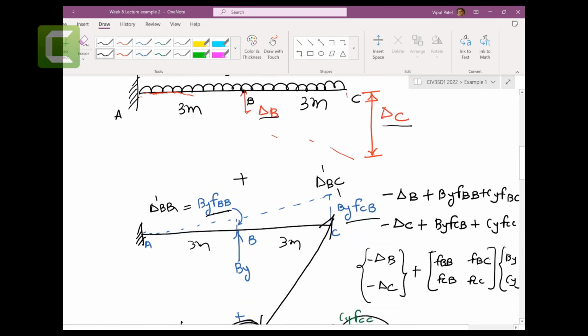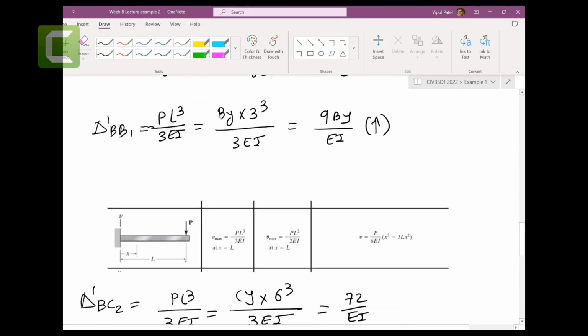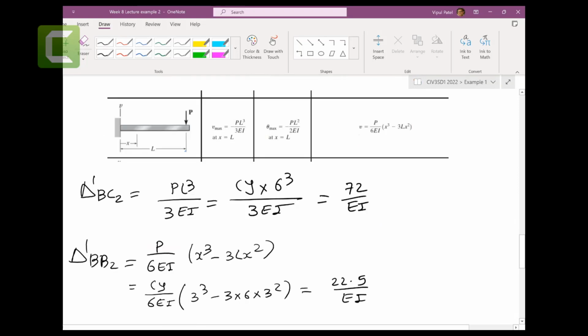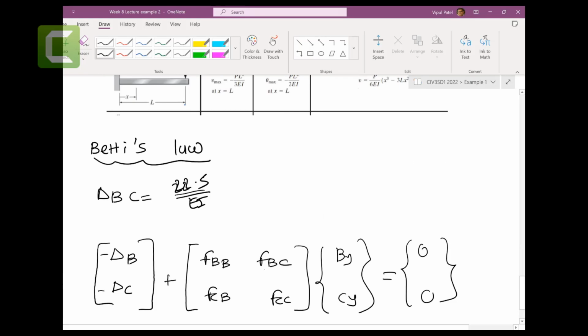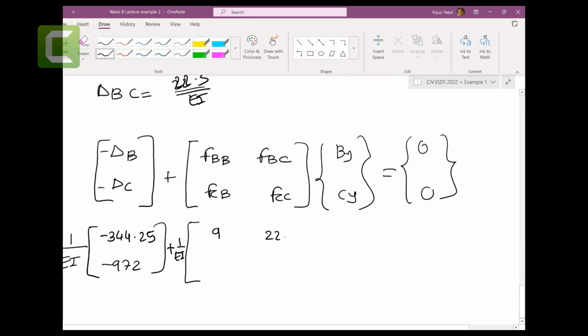FBB was here, so which is delta BB1. So that is 9 over EI, and BY is here, by the way. So 9, let me put EY outside. And then FBC, we found this one, 22.5.